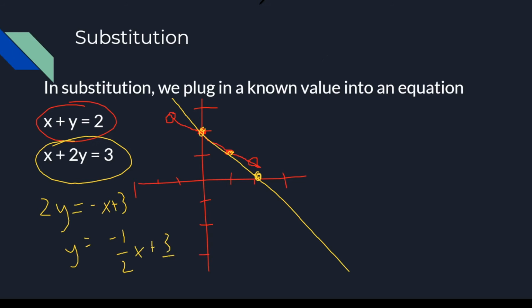So tell me some points that it passes through. So it passes through over here. I'll use green for this equation.